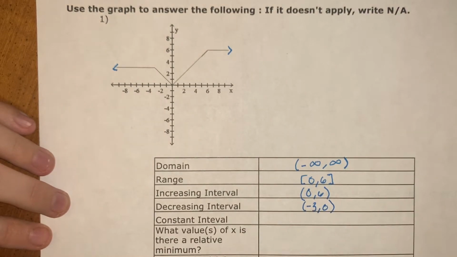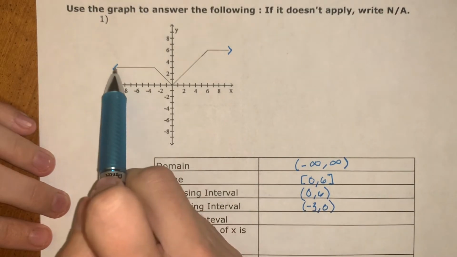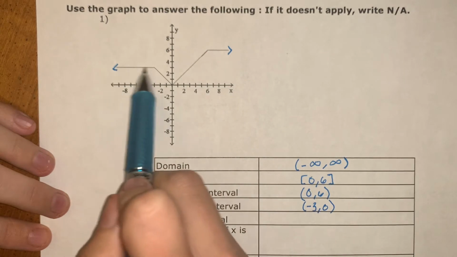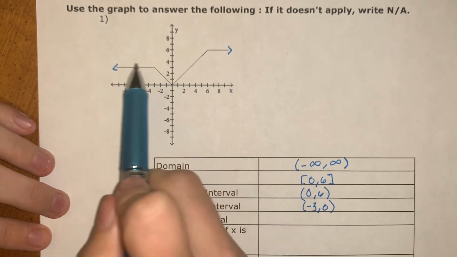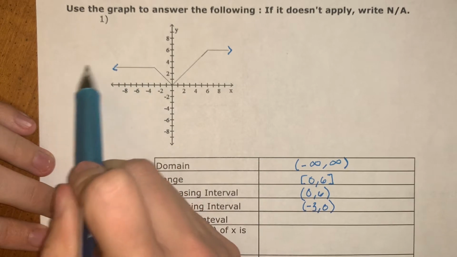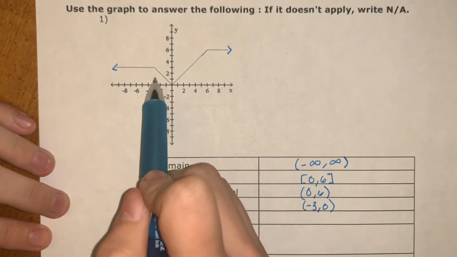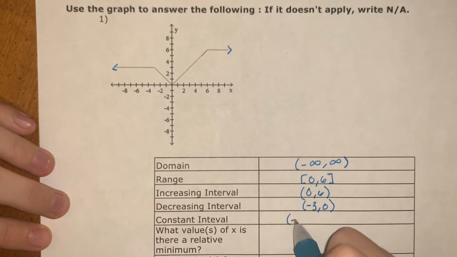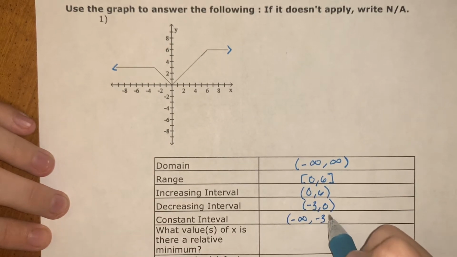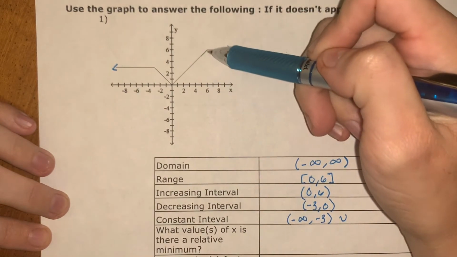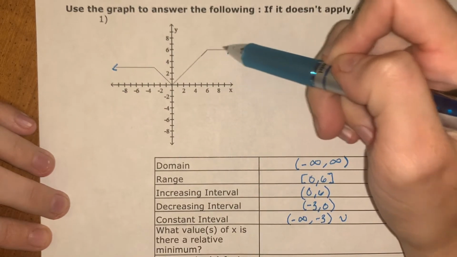And where is it constant? It's constant in 2 places, right here and right here. So what are the intervals for these 2 portions of the graph? Well, the first interval is going to be negative infinity to -3. And also from, looks like 6 here, to positive infinity.